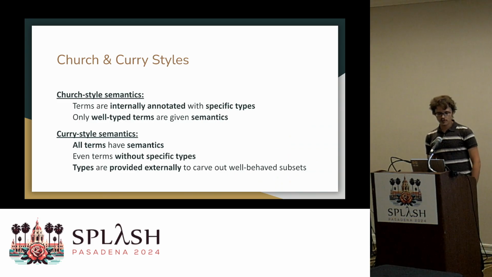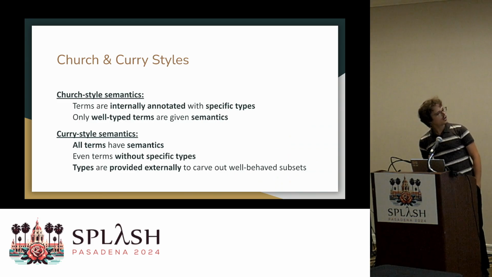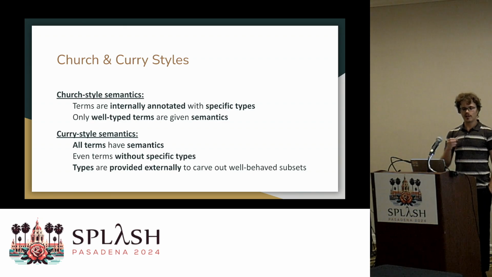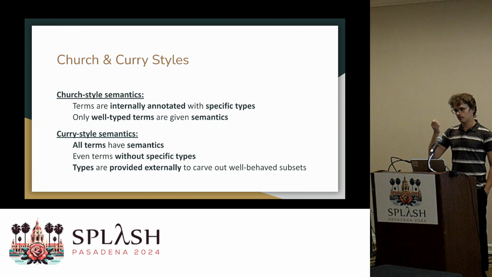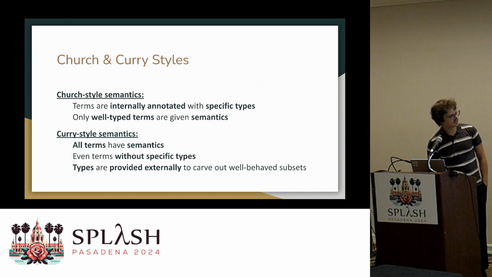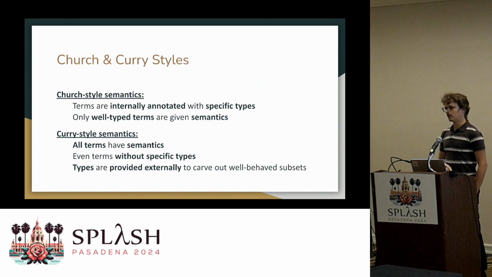So as a reminder, Church-style semantics says that the terms you're manipulating are internally typed. They have a type, the function parameters have a type, and so it's always known what the type of things is, and the semantics is given on these internally typed terms, right? Whereas in Curry-style semantics, the types don't matter for the semantics of the term.